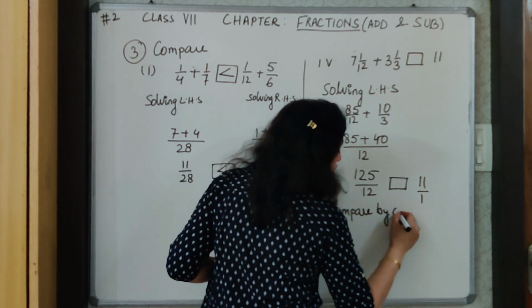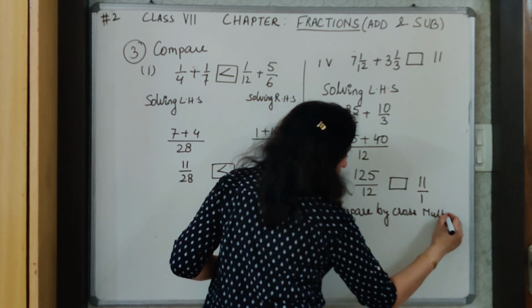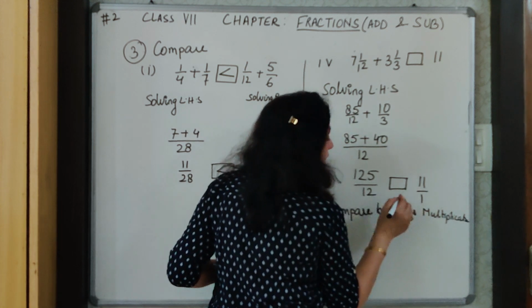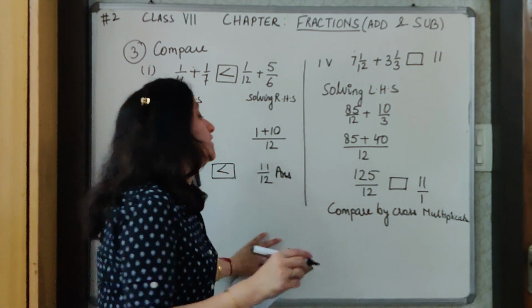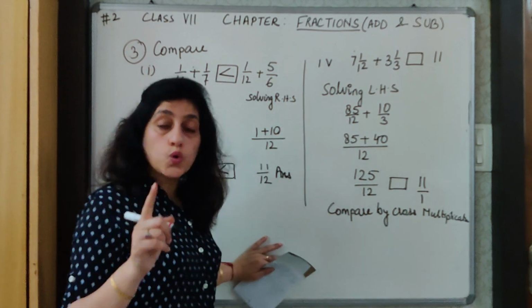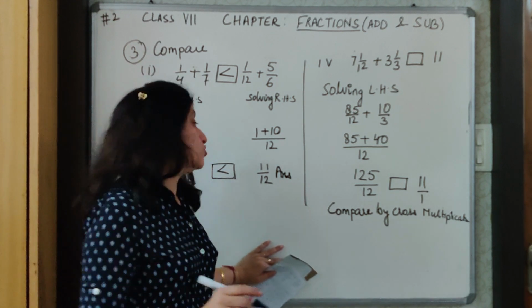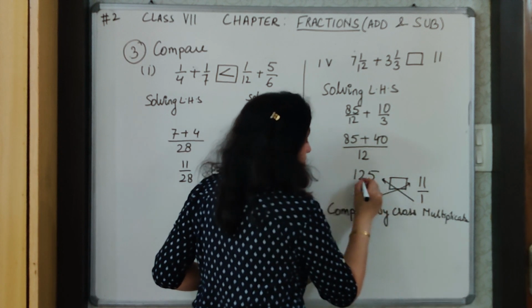by cross multiplication. Cross multiplication. Alright. And in cross multiplying, I have already told you, I am explaining to you again that in cross multiplication only the denominators move, numerators do not move. So 12 will go this side and 1 will go this side.